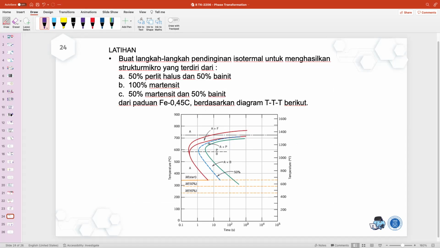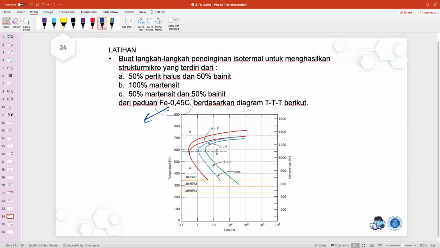Okay, and then if you want to do the exercise at home, you can see that it is Fe with 0.45 percent of carbon.